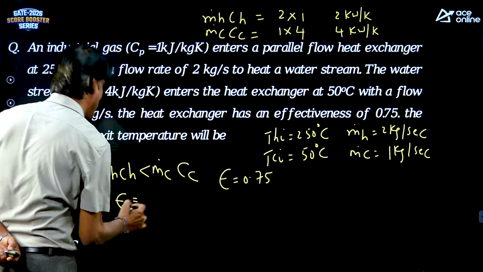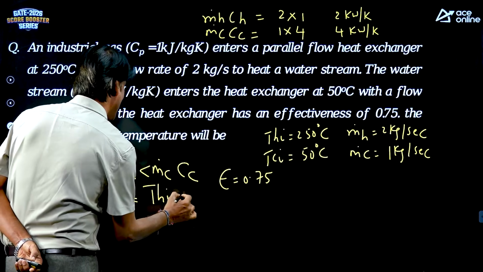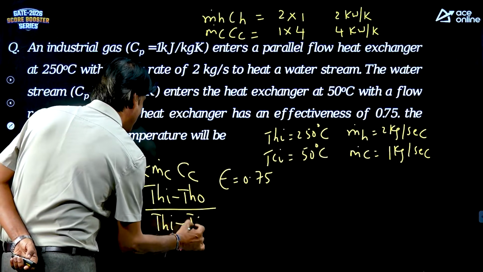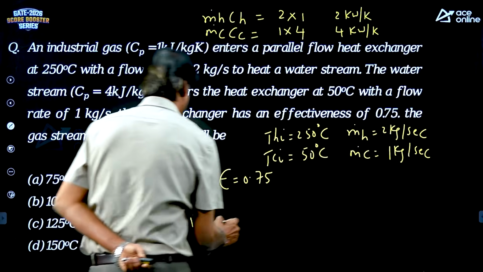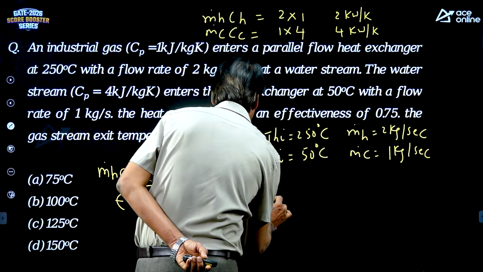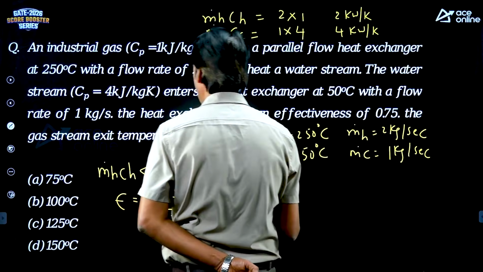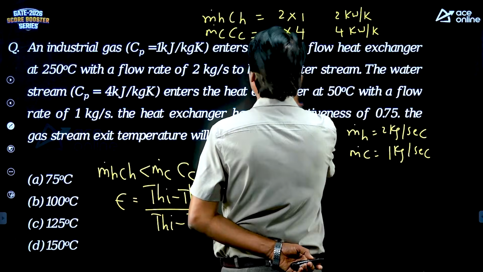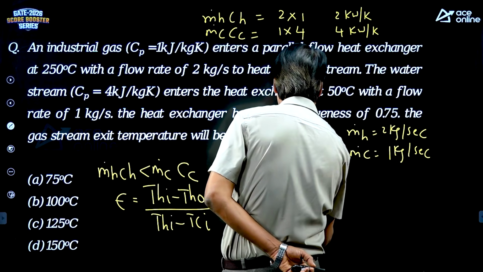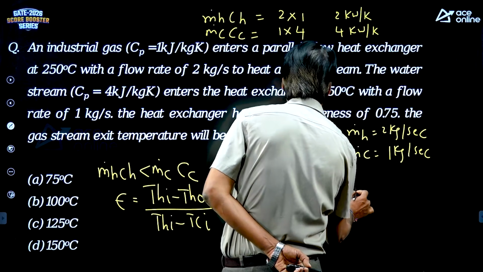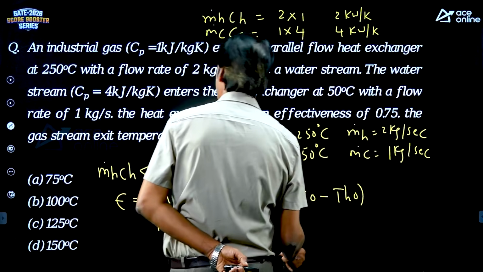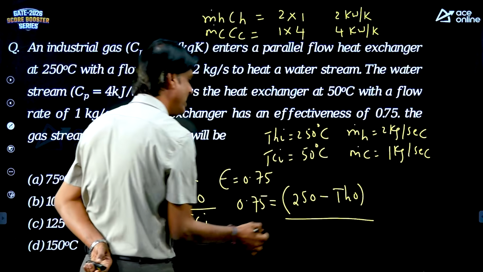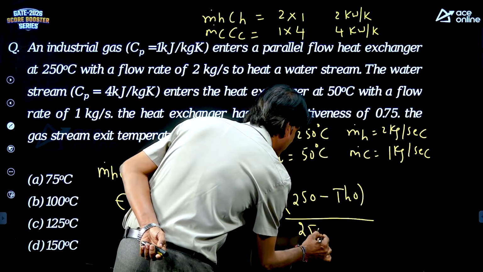effectiveness is based on the hot fluid, which is THI minus THO divided by THI minus TCI. So, you are getting 0.75 is equal to hot fluid inlet temperature THI, 250, minus THO, divided by 250 minus 50.